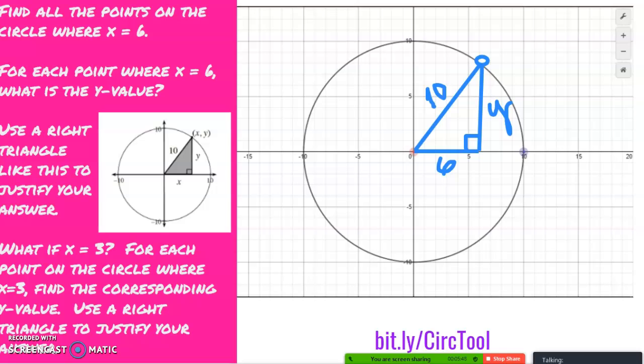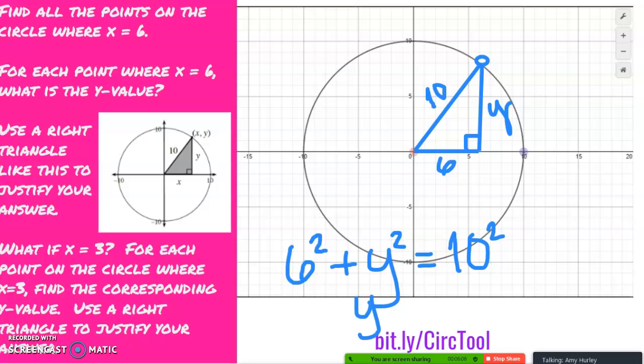So we can tell by using the Pythagorean theorem. So 6 squared plus whatever that y value is squared equals 10 squared. So that means y squared equals 100 minus 36.